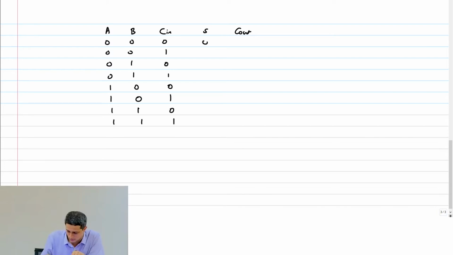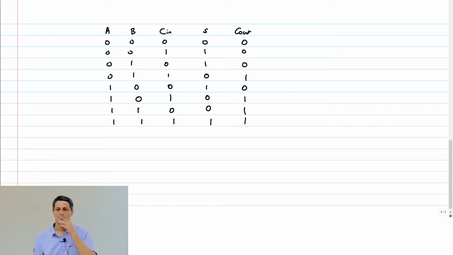Okay, so this is 0, 1, 1, 0, 1, 0, 0, 1, 0, 0, 0, 1, 1, 0, 1, 1, 1. So what is my sum circuit in terms of the min terms? It is summation of min terms 1, 2, 4 and 7.